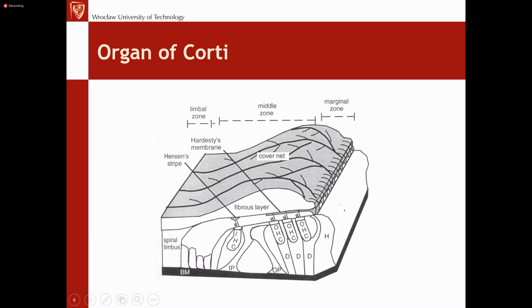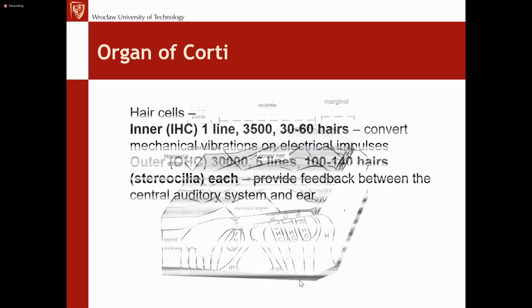So when the basilar membrane moves, the impulses are created mainly by inner hair cells and by the outer hair cells due to the polarization made by the difference in potentials between endolymph, because endolymph is on the cover net, and perilymph, which is in the area of the basilar membrane.